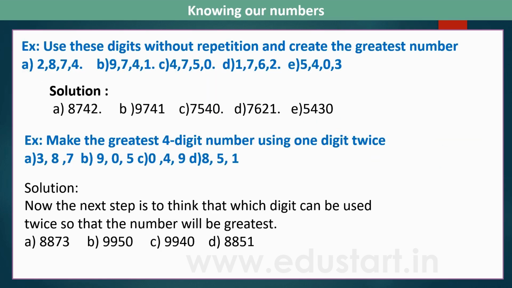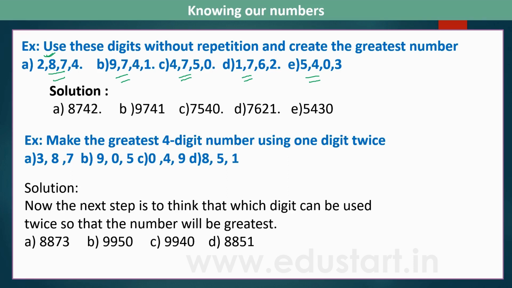Use these digits without replacing. The digits are 2874, 9740, 4750, 1762, 540. Now, in order to find the biggest number, what is the rule? The biggest digit should be at the biggest place.